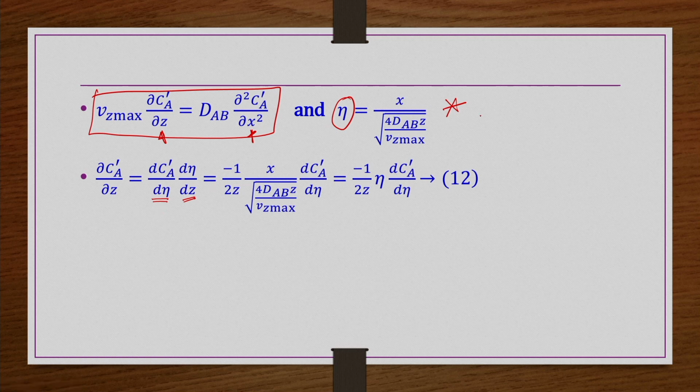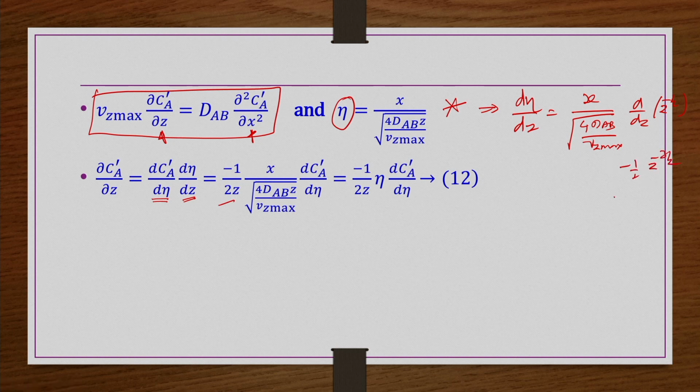So, from this expression, dη by dz is nothing but x divided by square root of 4 DAB divided by Vz max, and then d by dz of z to the power minus 1 by 2. So, that is minus 1 by 2, z to the power minus 3 by 2.